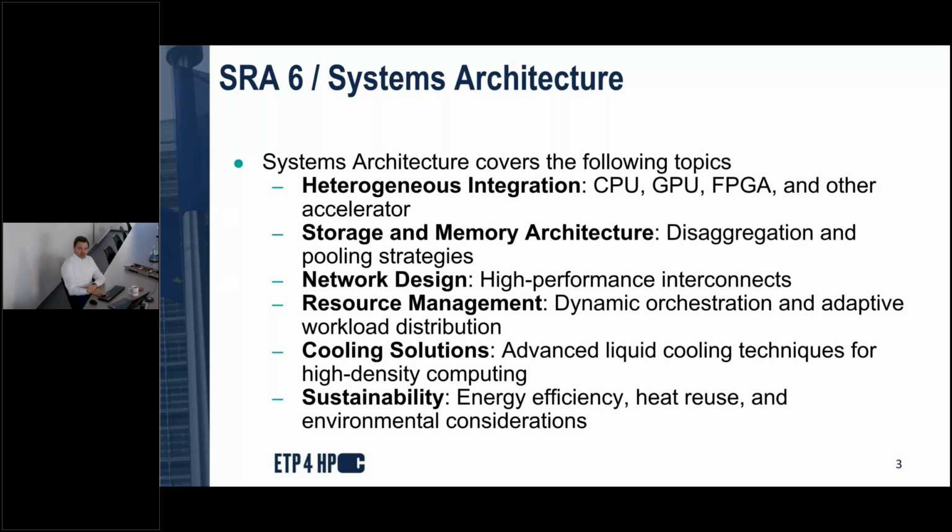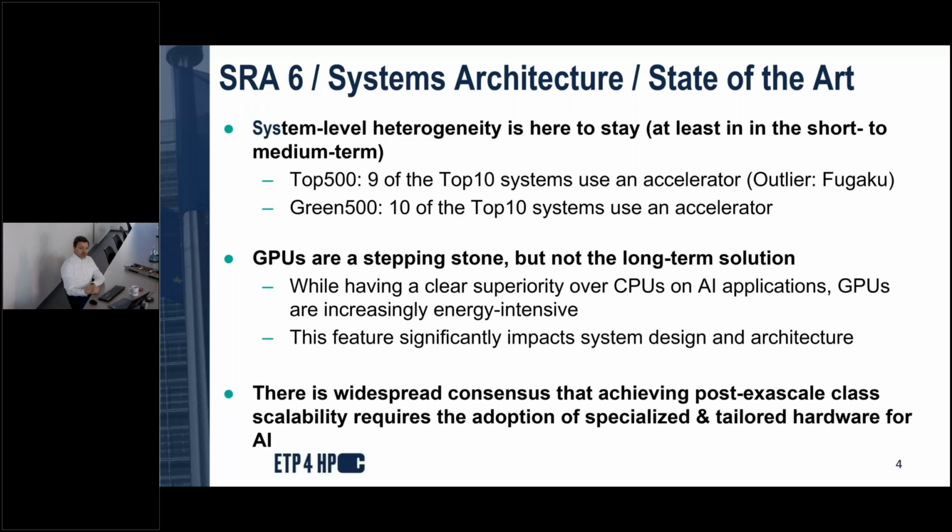Right. So I think we can say that system-level heterogeneity is here to stay. If we look at the Top500, then 9 out of the top 10 systems use accelerators. The only outlier currently is the Fugaku supercomputer, which is using ARM CPUs. But this system is already some years old now, and I think within the next years, all of the top 10 systems will use accelerators in some fashion or another.